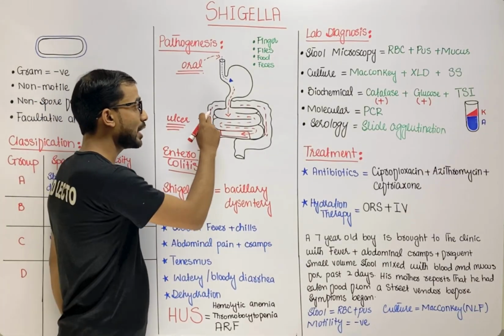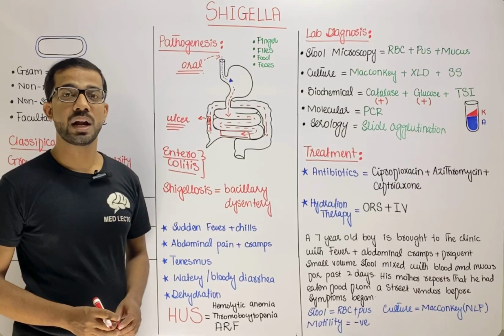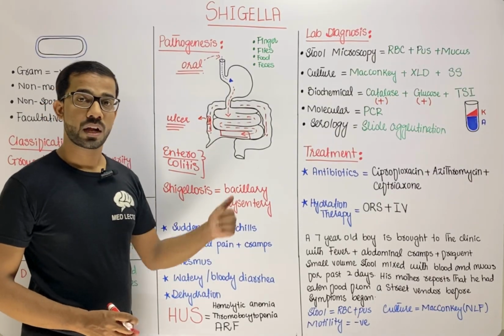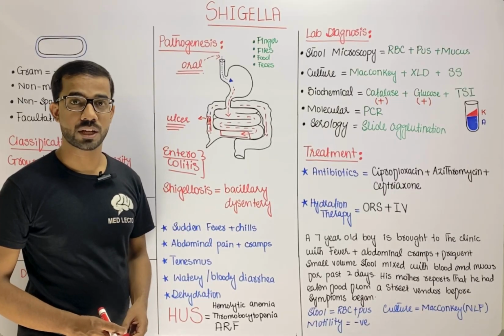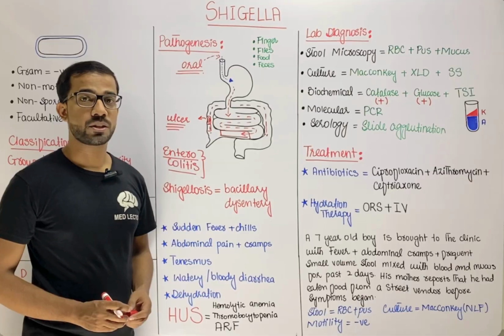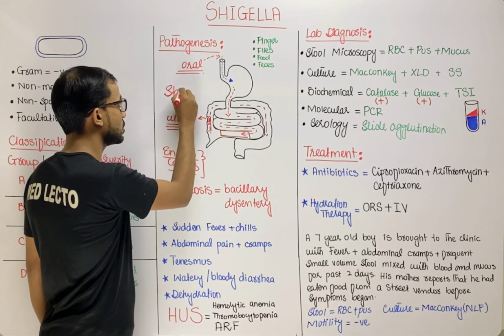And ultimately, whenever the patient passes stool, you will also see blood in the stool due to the ulcer formation in the colon, or you can say large intestine, due to the attack of this bacteria. This bacteria, Shigella, also produces the Shiga toxin.